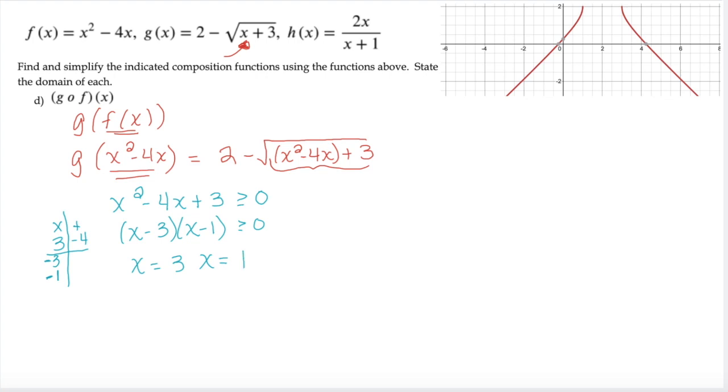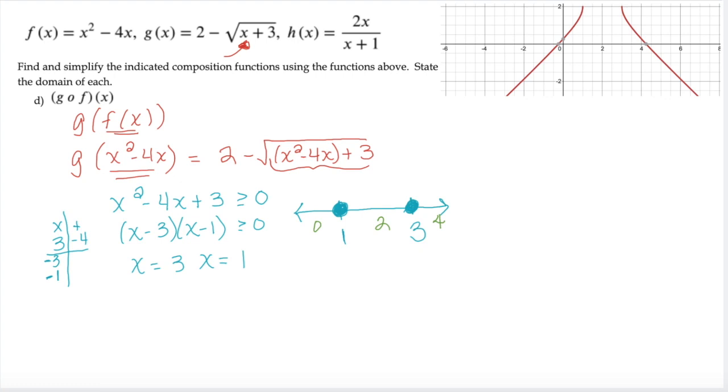So these are our critical values. Going back to the last lesson, we have to create a little table here. Our critical values are 1 and 3. We can include 1 because 1 would give us a 0, and it's okay to have the square root of 0. And 3 would also give us 0, but we know it's okay to have the square root of 0. We have some test values that we need to use. Let's say we use the test values of 0, 2, and 4.